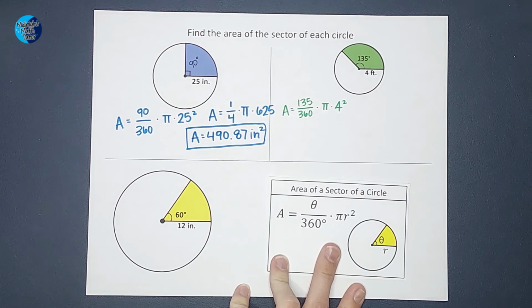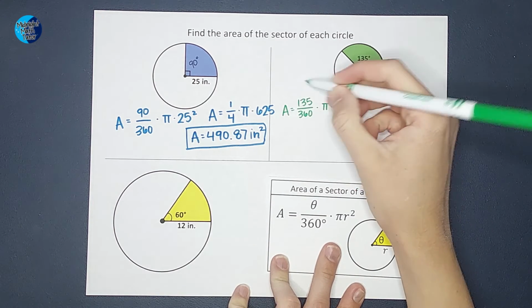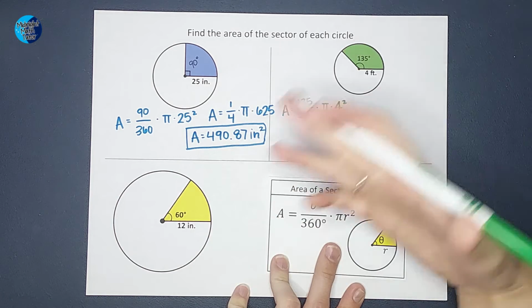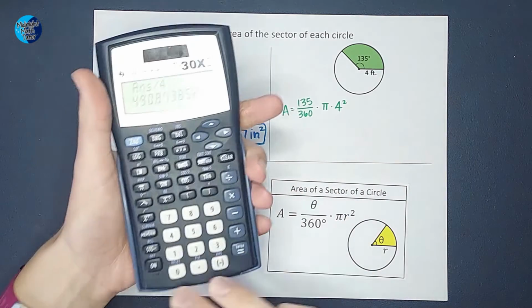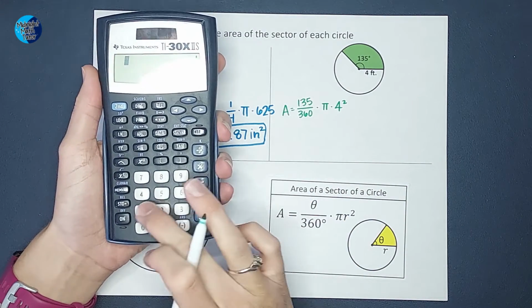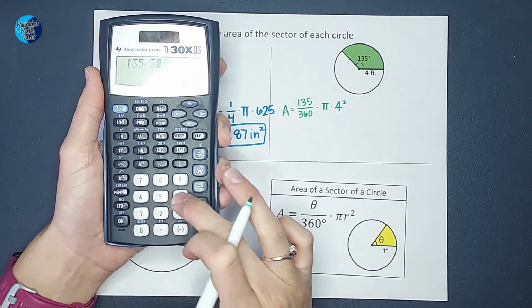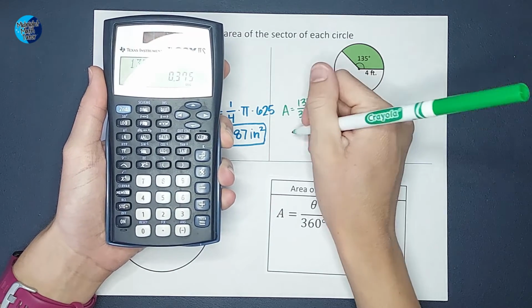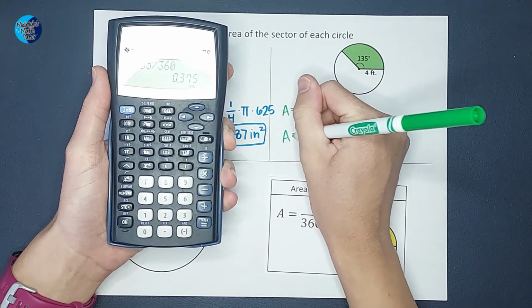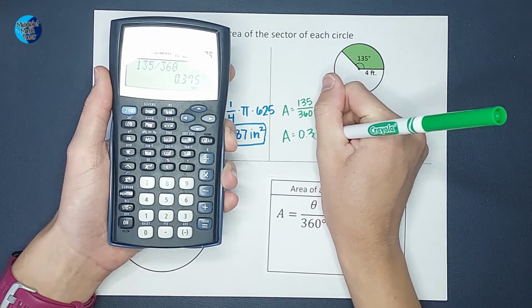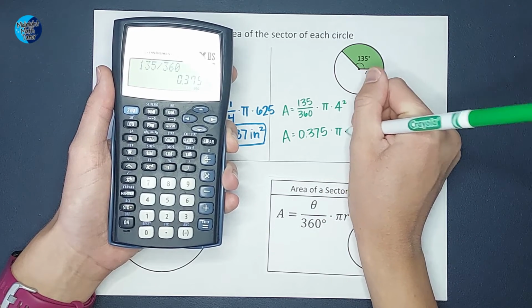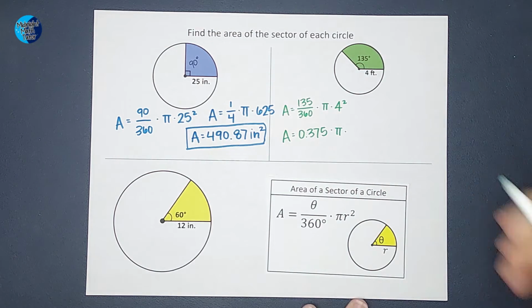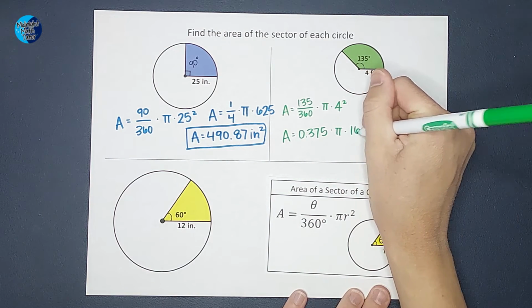In this one, I am going to change this fraction to a decimal. It just seems easier in this circumstance. So when you plug that into your calculator, 135 divided by 360 gives us 0.375 times pi times 4 squared, which gives us 16.